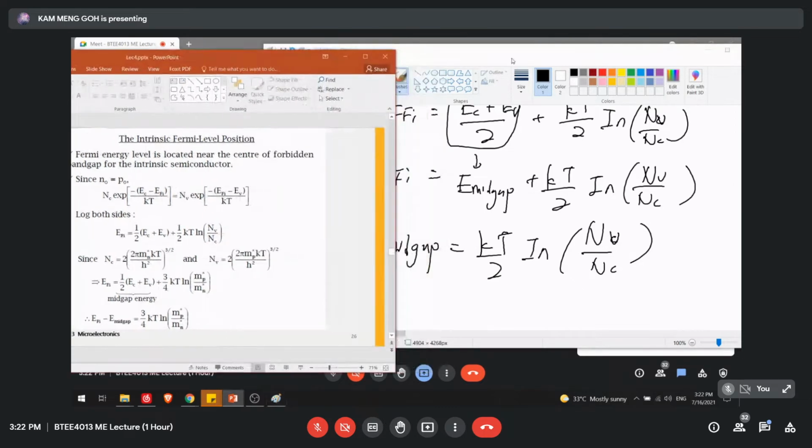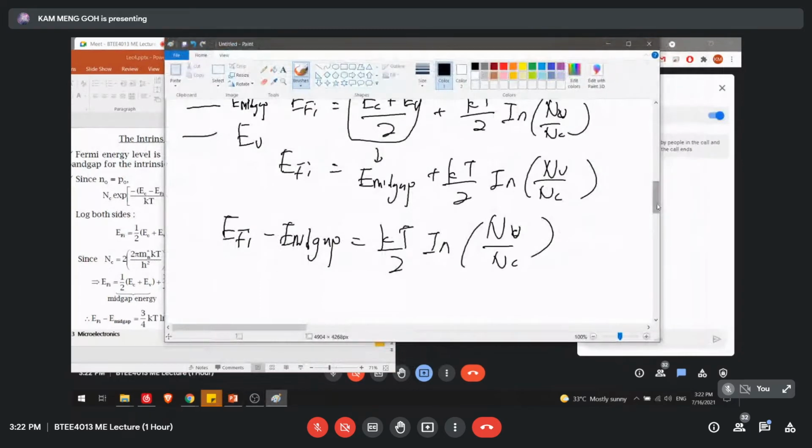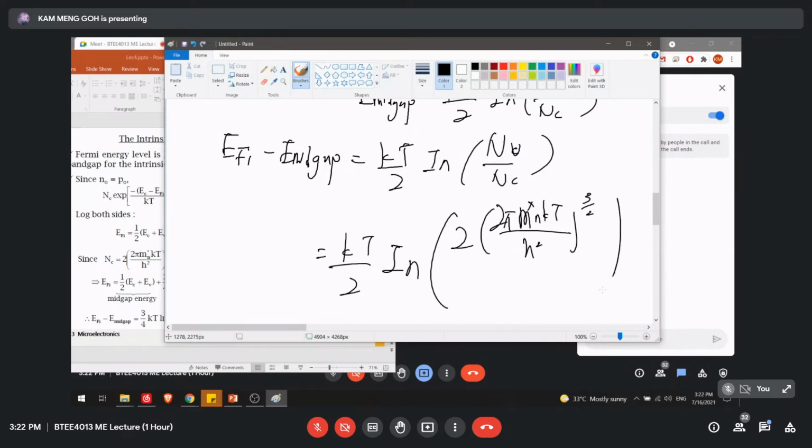And then this NV and NC, we can further simplify it. kT over 2 ln, don't forget, originally we have a very long formula, 2 pi mp kT over h square to the power 3 over 2, divided by 2 pi mn kT over h square to the power 3 over 2. Oh, this should be a p, this should be an n at the bottom.